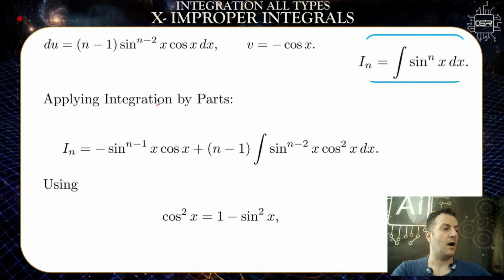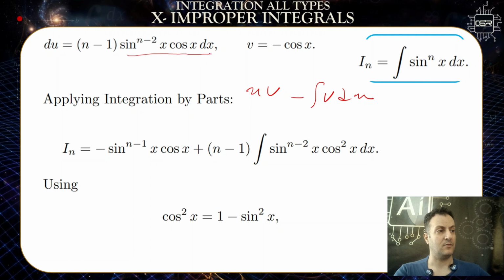Clear? Applying the integration by parts, I_n is equal to minus sin to the power of n minus 1 x cosine x, which is uv by the way, minus integral of v du, plus n minus 1 times sin to the power of n minus 2 x cosine x times cosine x, which is v du by the way.